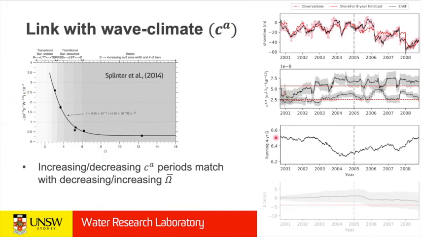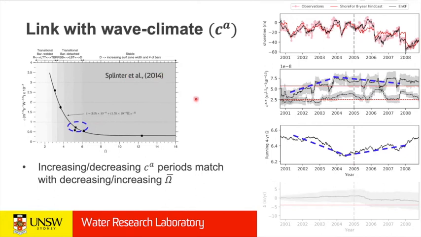We can see that for our case, increasing periods of this parameter matched with decreasing periods of the average dimensionless fall velocity. In a similar way, periods where this parameter was decreasing also matched with periods where the dimensionless fall velocity was increasing, in line with the parametrizations of Splinter et al. 2014.